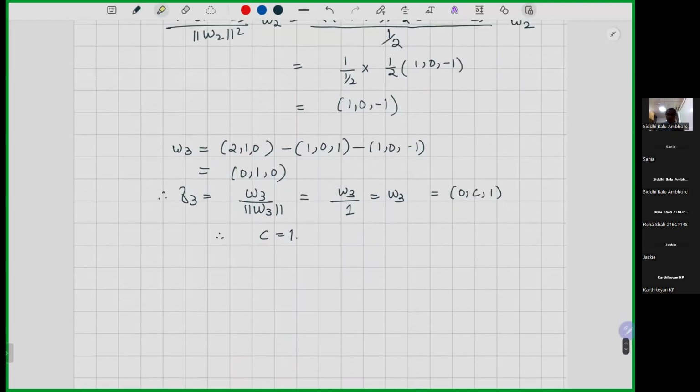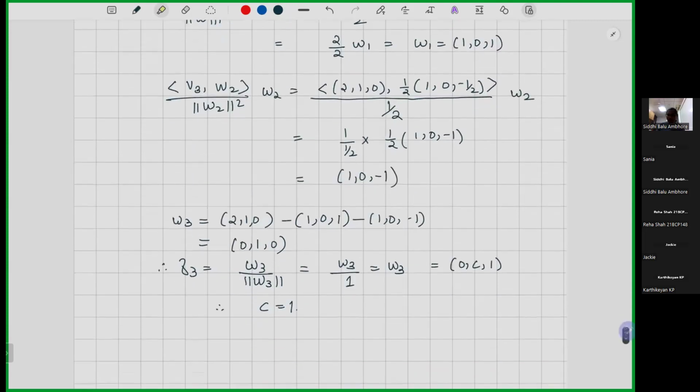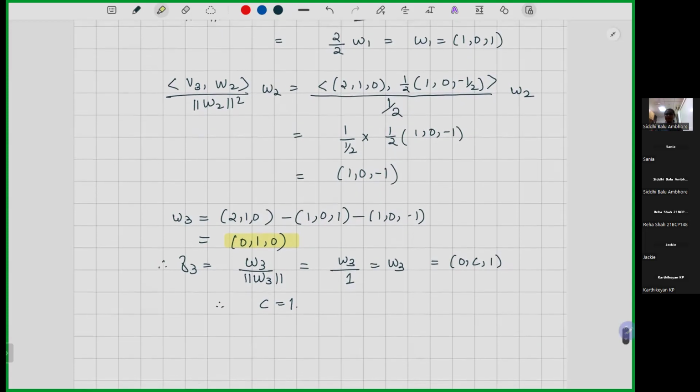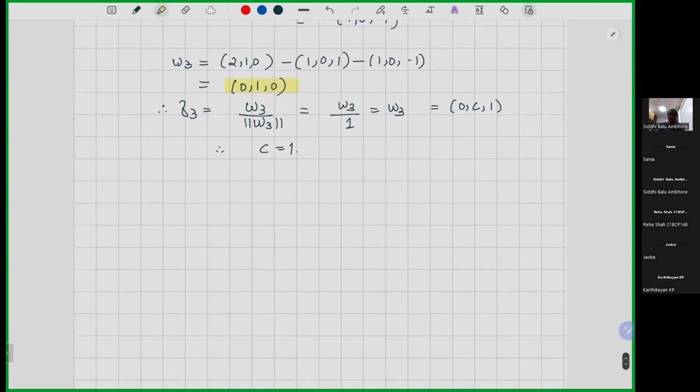If I want to go ahead and calculate W4, for example, then I will choose W2 to be this element, and not something divided by its norm, because the final elements which we get, we have to divide again by their norm. So when we are doing orthogonalization, just obtain the Wi's first and then divide by their norm. Whatever you get, just keep them as W's. Don't carry them into the next calculation by dividing by the norm. I hope what I'm saying is clear to you. Otherwise, please let me know.